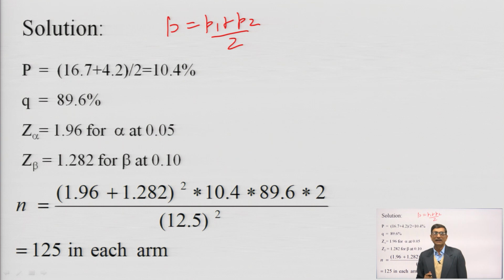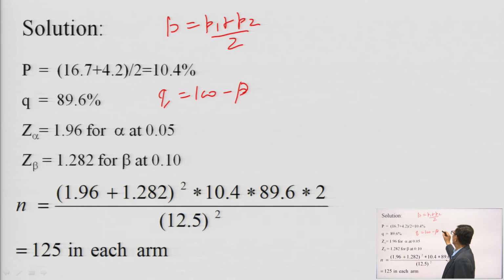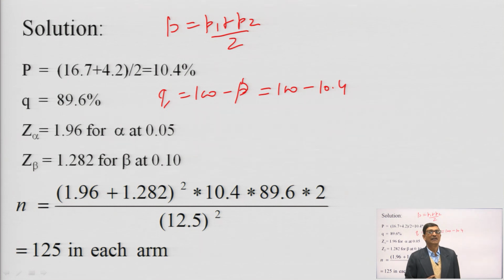So, P is 10.4%, and Q, we know, is 100 minus P, which is 100 minus 10.4, that is 89.6%.